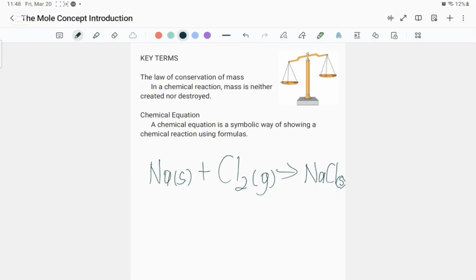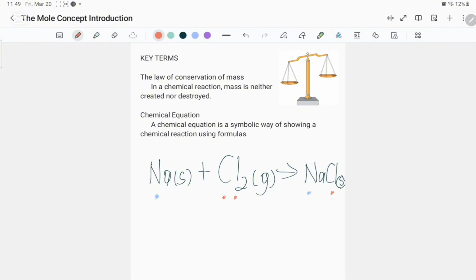The first thing we need to do is to count how many atoms are on both sides of the equation. We have 1 sodium on the reactant side, we have 2 chlorine on the reactant side, and on the product side we have 1 sodium to 1 chlorine. So the sodium is balanced, but the chlorine is not balanced.